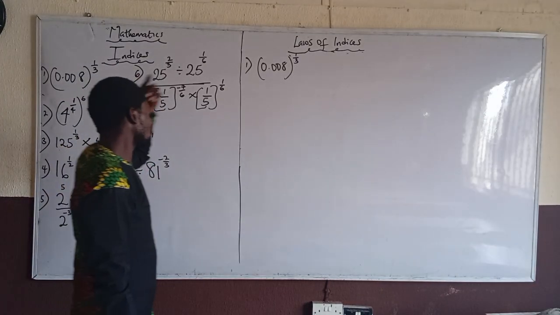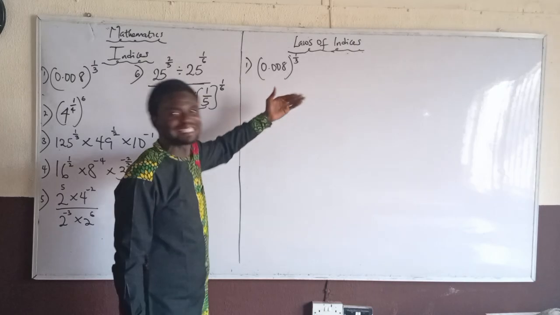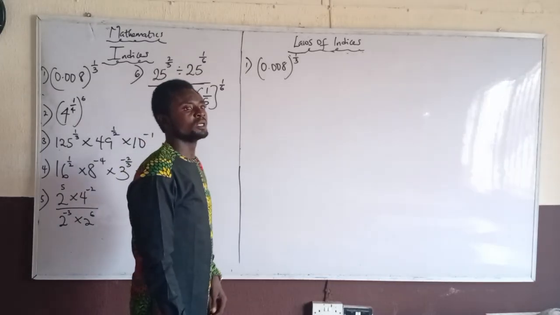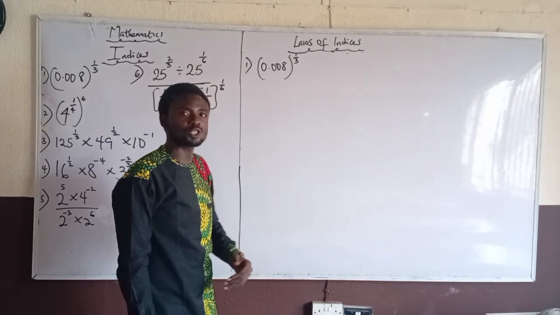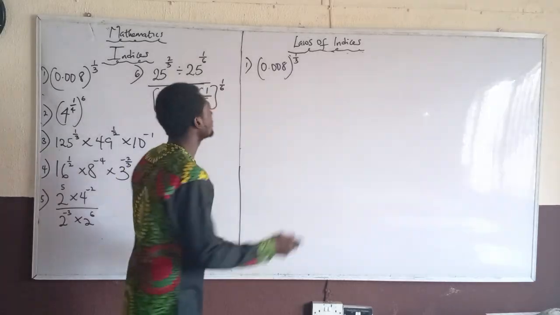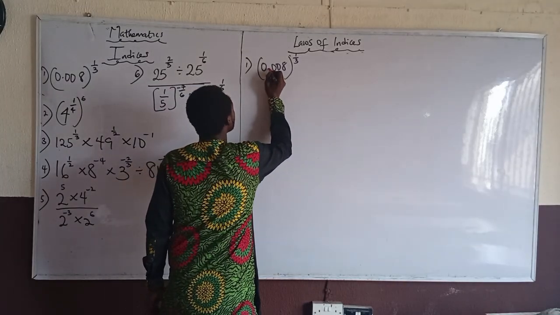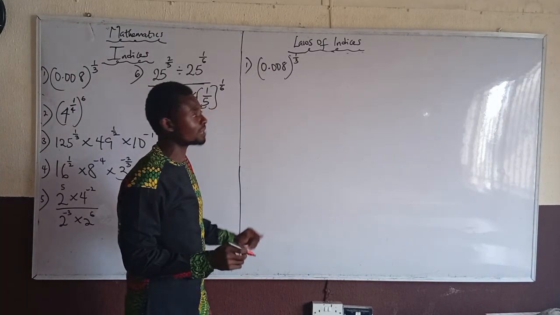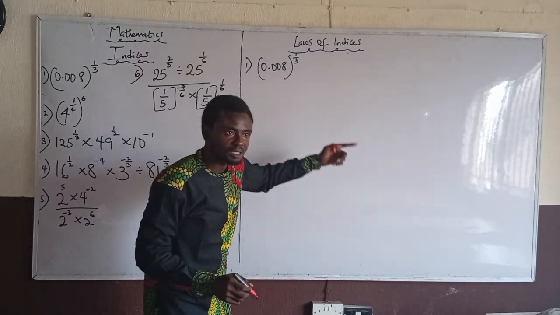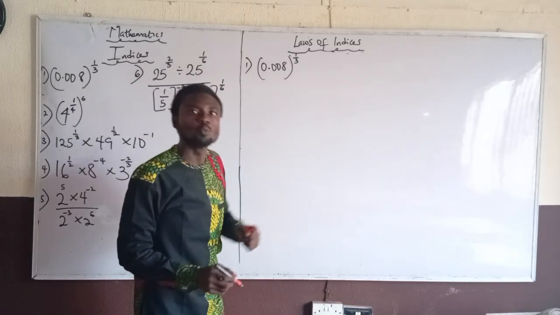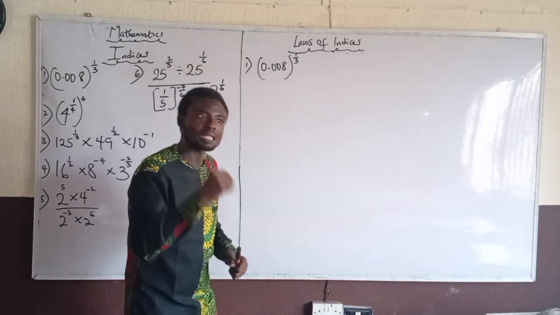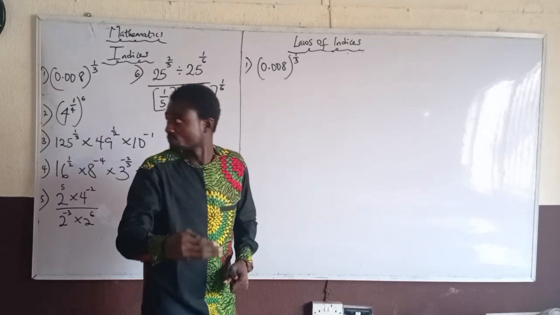Now first, I have to convert this decimal to a fraction. How do I convert a decimal to a fraction? I ask myself, after the decimal point, how many numbers do I have? There are 3 numbers after the decimal point, which means 3 zeros. That means I divide by 1000.